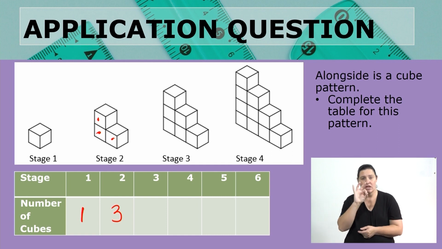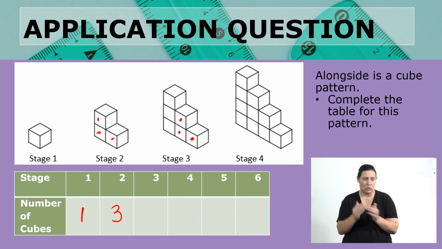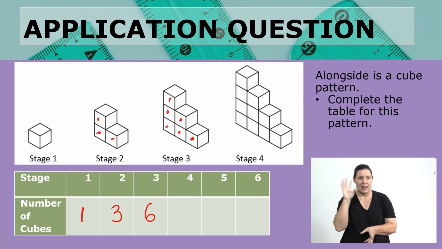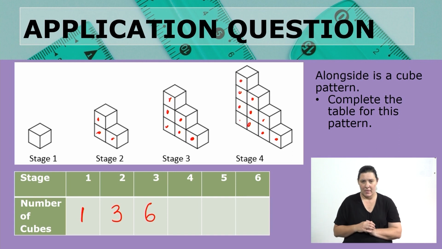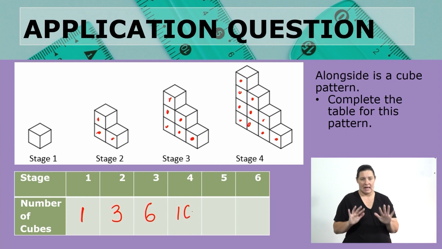When we look at the third stage, it's going to be the 1 cube plus 2 cubes plus 3 cubes. So 1 plus 2 plus 3, that gives us a total of 6 cubes. Moving on to stage 4, that is going to have 1 plus 2 plus 3 plus 4. And in total, that is going to give us 10 cubes.